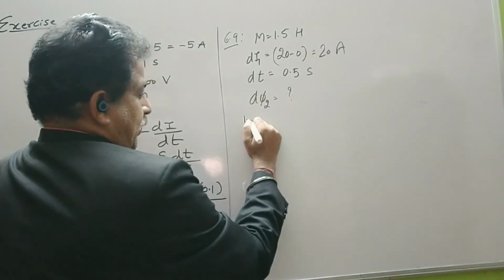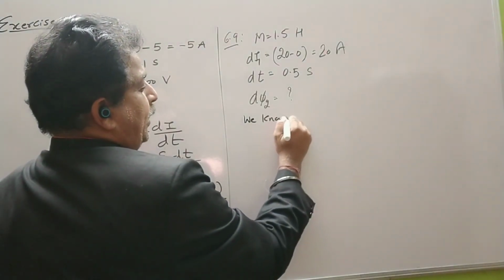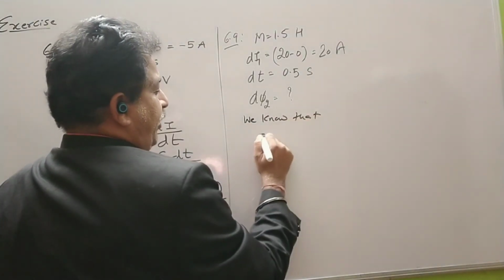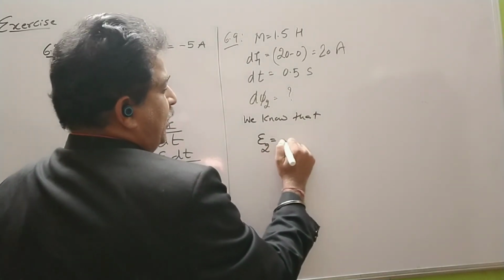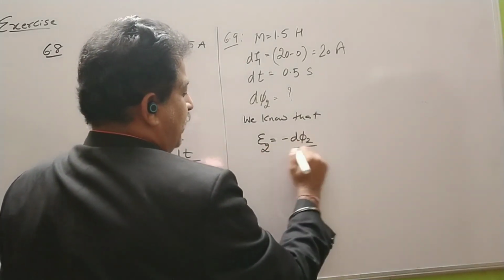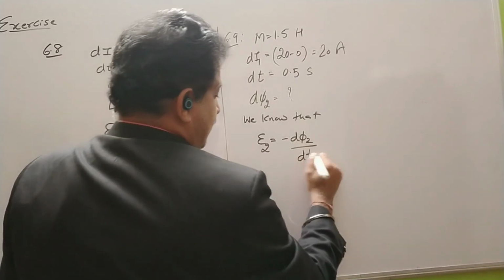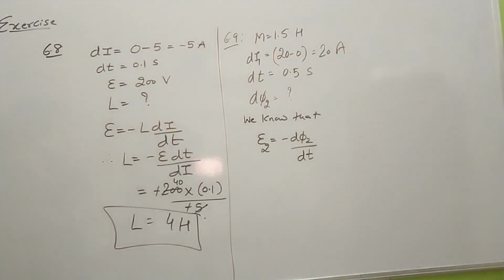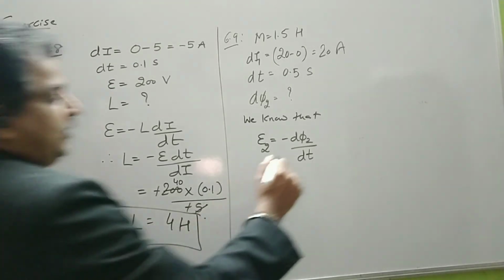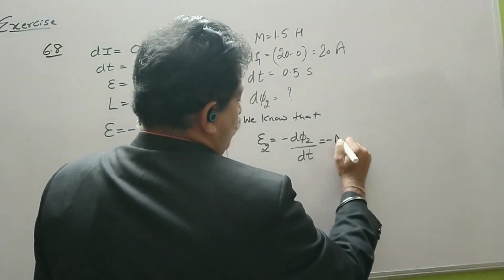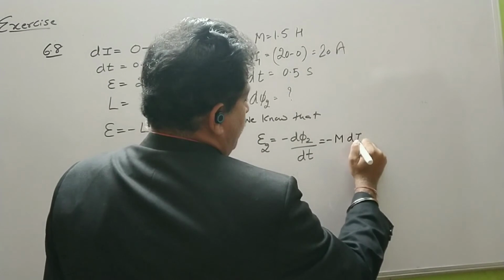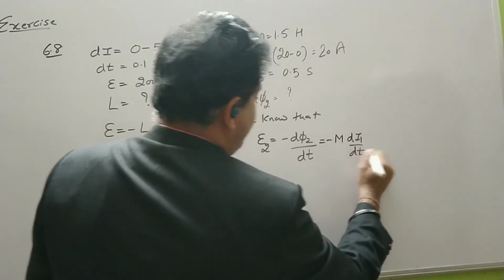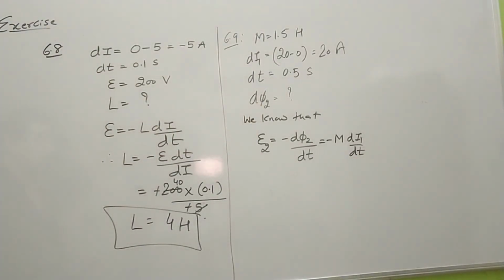We know that EMF induced in the second coil can be written as minus d phi by dt, that is the Faraday law, and at the same time we have derived this EMF induced is equal to minus M di1 by dt. So we have two equations.